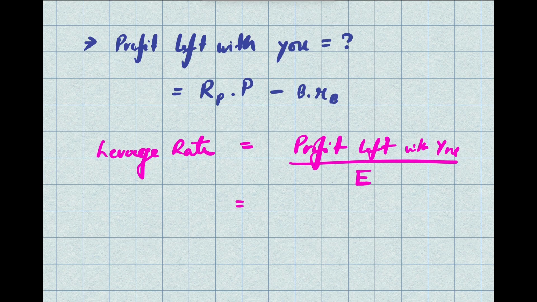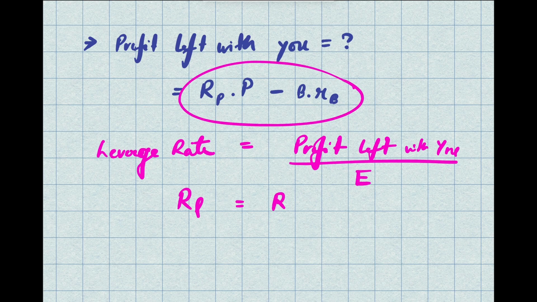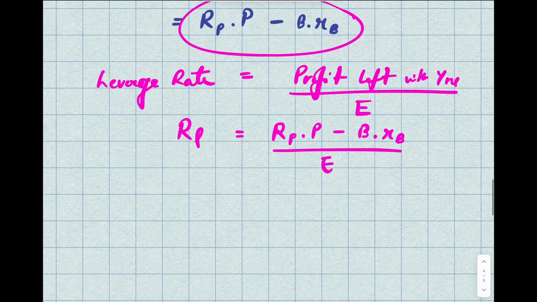So profit left with me is RP dot P minus B RB, divided by E. I can write it as this as well: RP dot P by E minus B dot RB by E. I can write it like this, right?